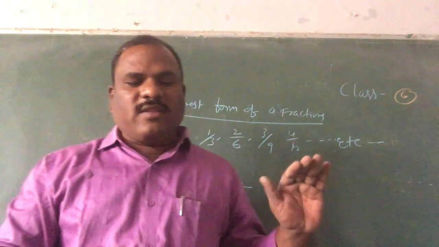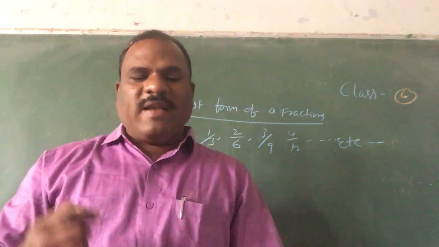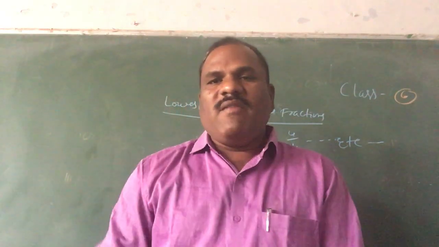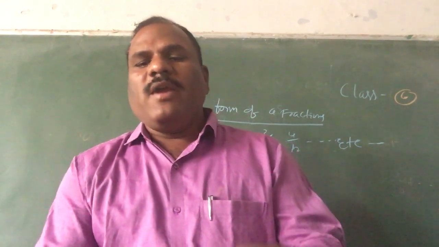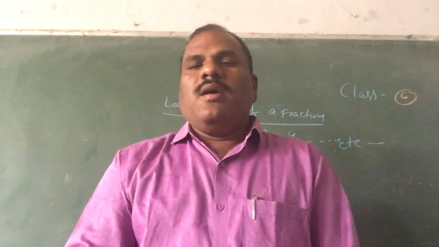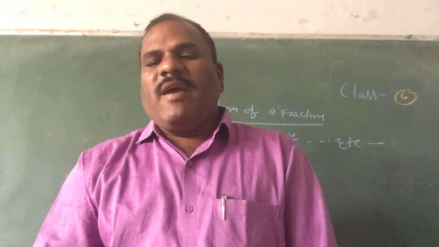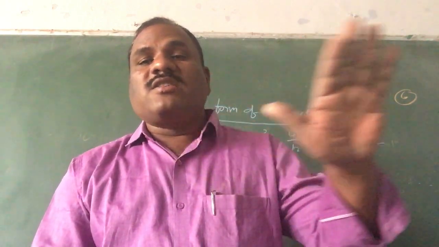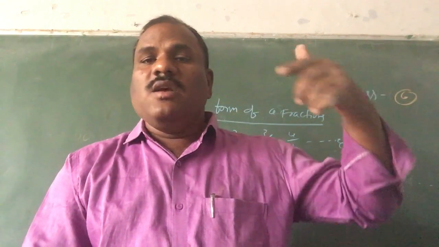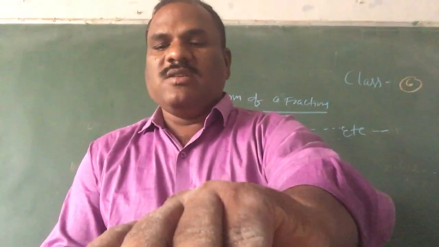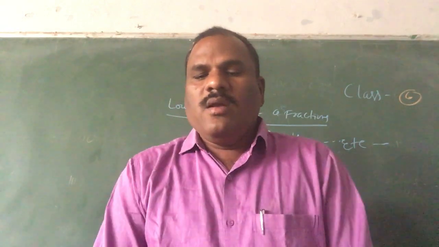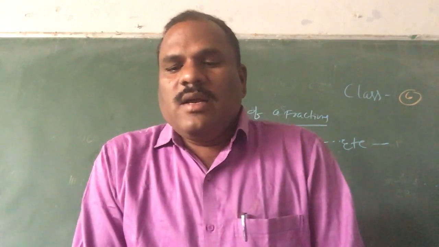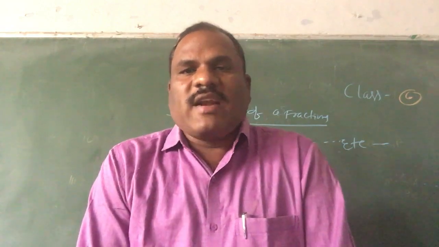So for example 2 by 3, 7 by 3, 17 by 7, 1 by 5, 3 by 11, etc. are all standard forms. For example 5 by 10, 2 by 14, 16 by 36, 3 by 9, etc. are not in their standard form. They are not standard form because they have common factors. Okay, try page number 90. You can do it, children, in your classwork.